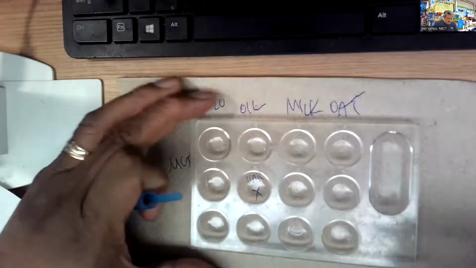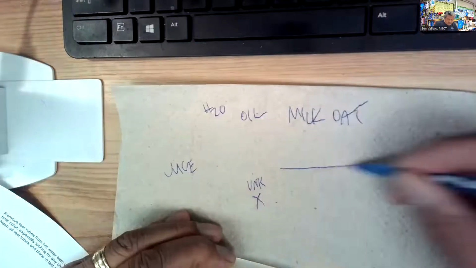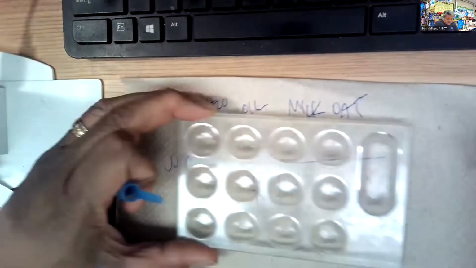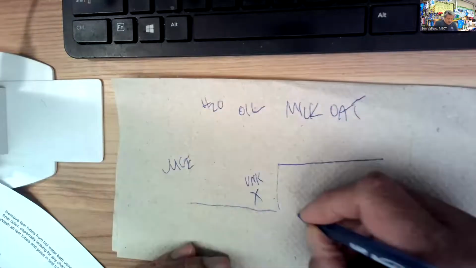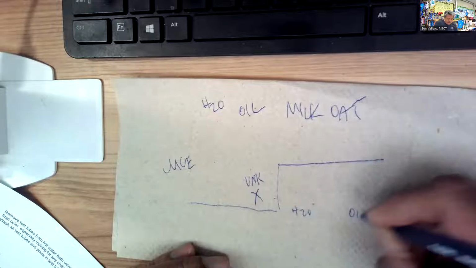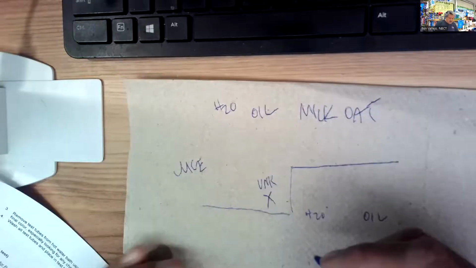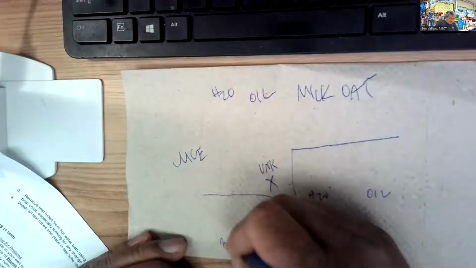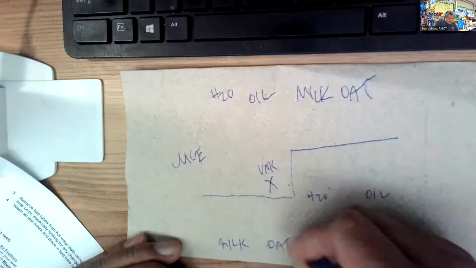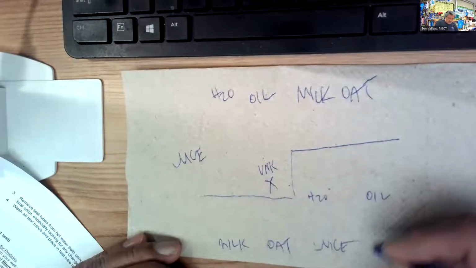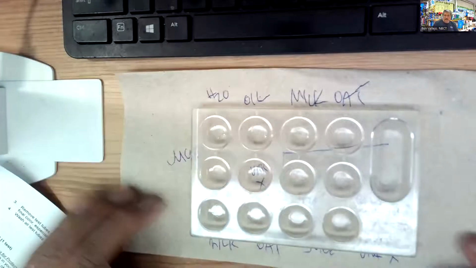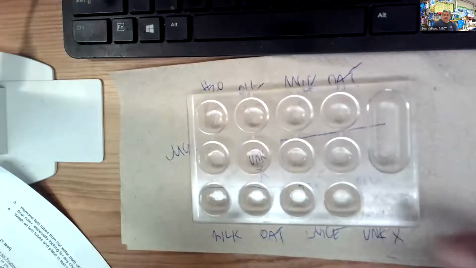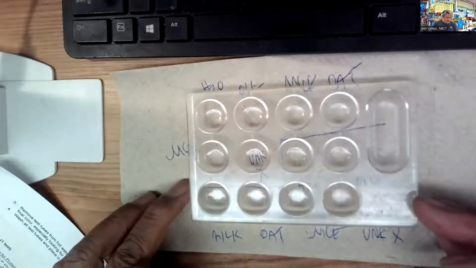Okay, that's for the first test over here. And then I'm going to run the other test here with the same chemicals: water, oil, milk, oatmeal, juice, and then unknown X. So there we go, all labeled so I know what's what.